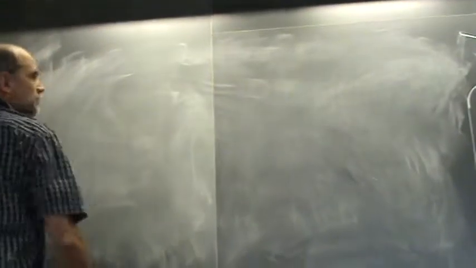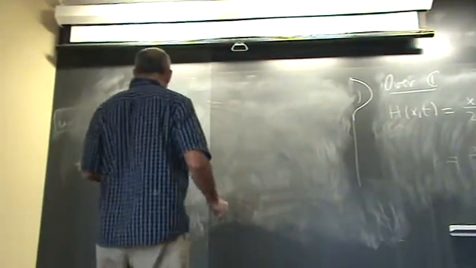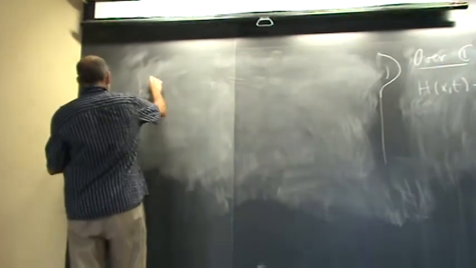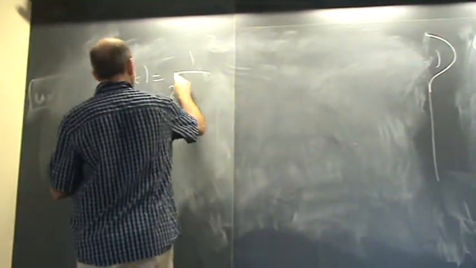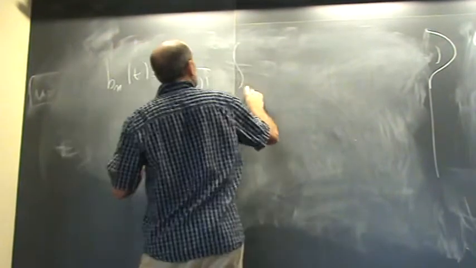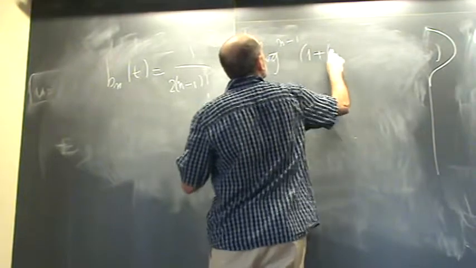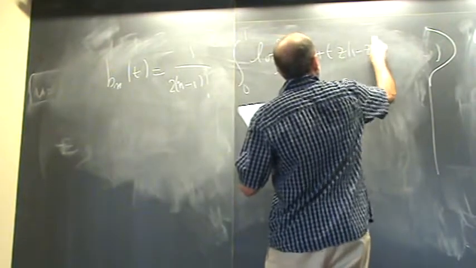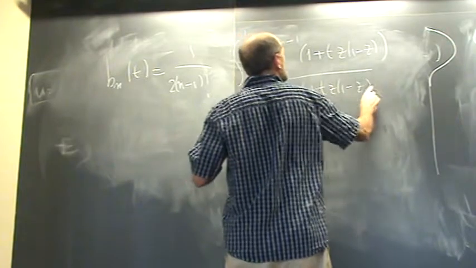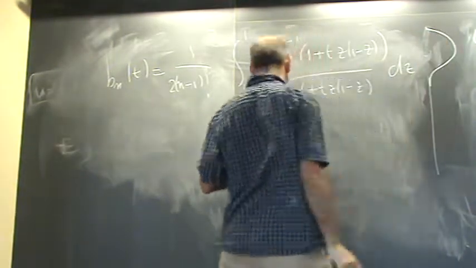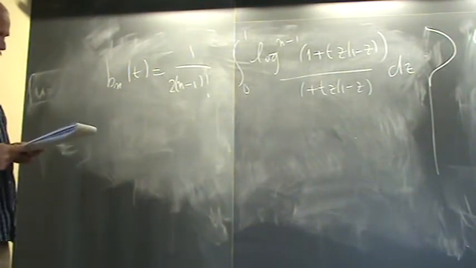If you differentiate with respect to x, you're going to get logarithms. And so you get that the bn of t is log to the n minus 1 of (1 plus t z)(1 minus z). Okay? So that starts to look interesting for some people.